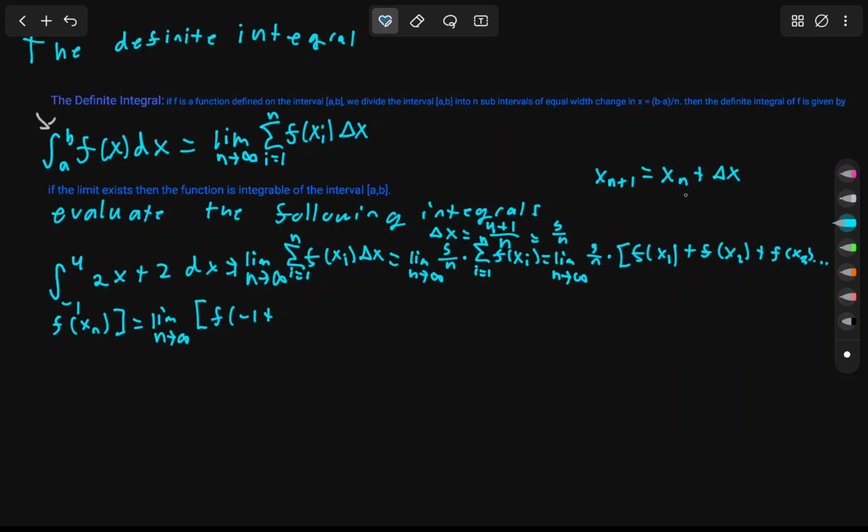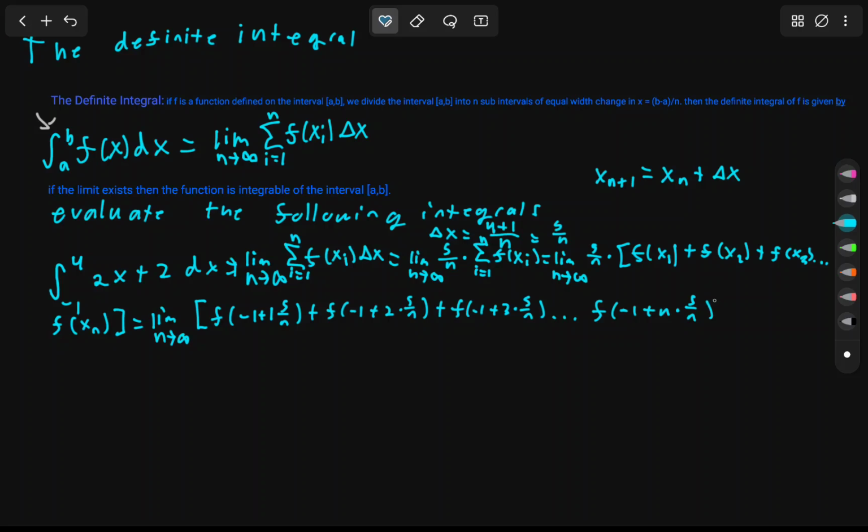Plus the first change of x, which is 5 over n, plus f of -1 plus 2 times 5 over n, plus f of -1 plus 3 times 5 over n. And we're going to continue this until we reach f of -1 plus n times 5 over n.